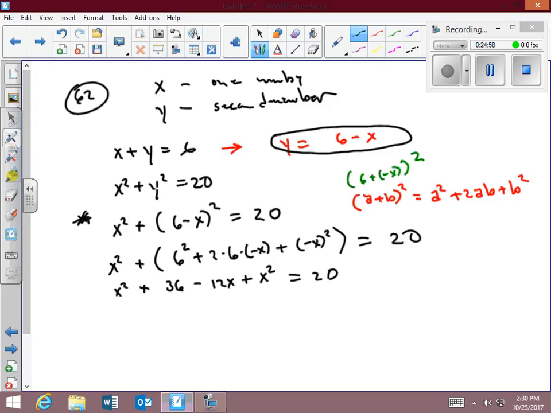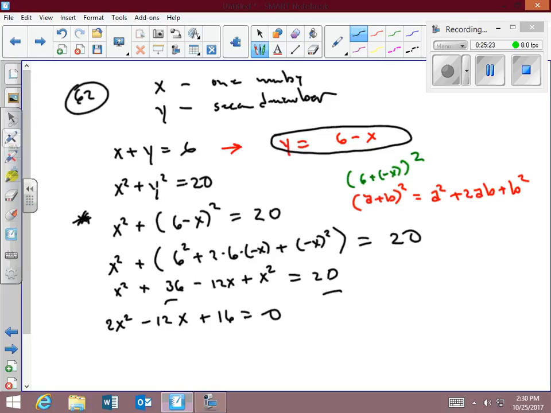There's two x squares, aren't there? The second term is going to be that minus 12x. Third term is going to be the 36 and bring this over as a negative, right? So what's it going to be? Positive 16. I did it all at once, right?